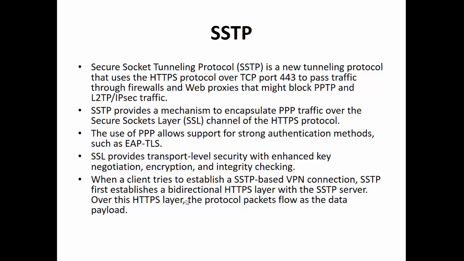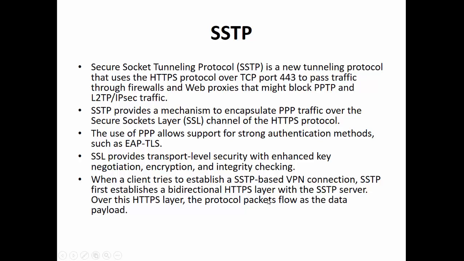So many abbreviations here: L2TP, SSTP, IKEv2, IPsec. What's the common one here? T, right? So when a client tries to establish an SSTP-based VPN connection, or certificate-based VPN connection, SSTP first establishes a bidirectional HTTPS layer.